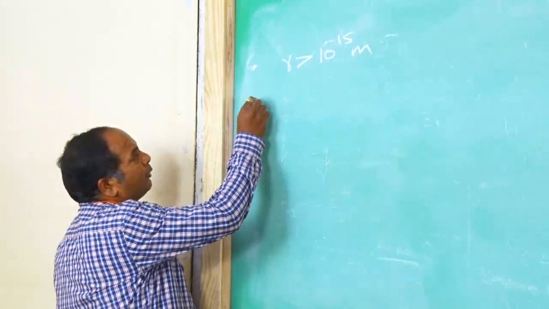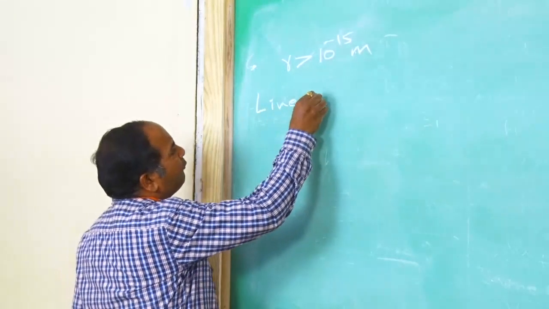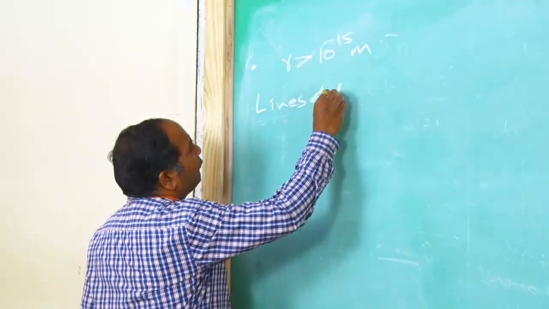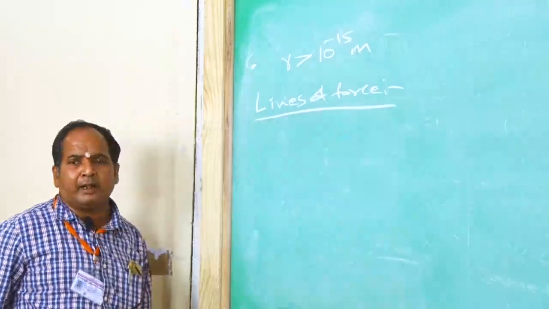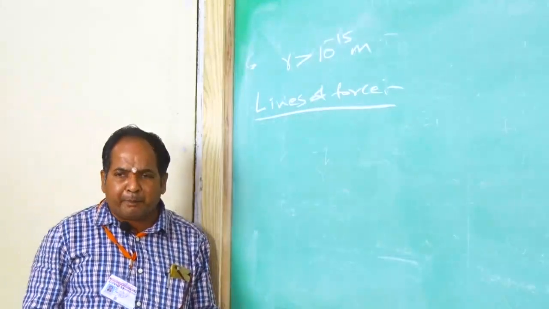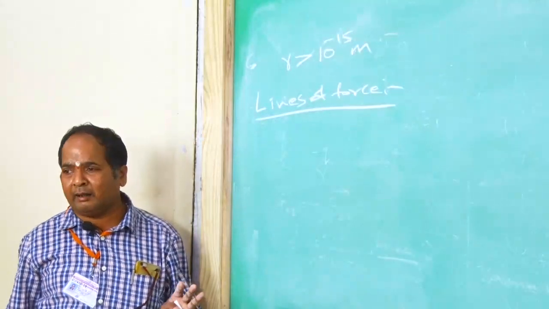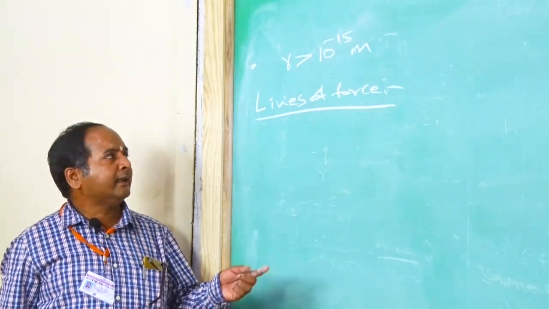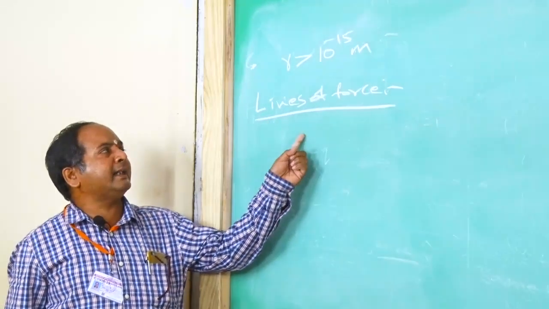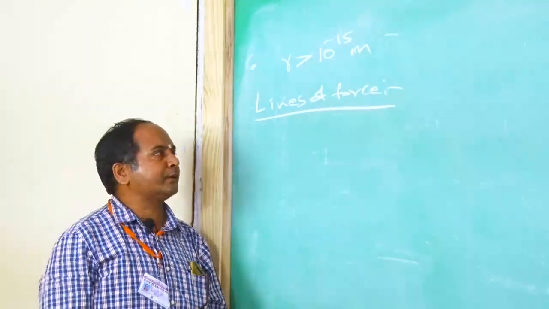After this you should remember another one, that is line of force, or lines of force. Lines of force means: if a unit positive charge is left in the vicinity of a source charge, then the path traced by the unit positive charge is said to be a line of force.